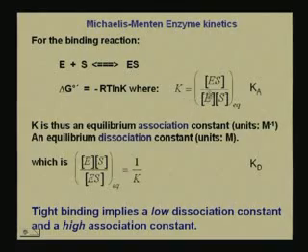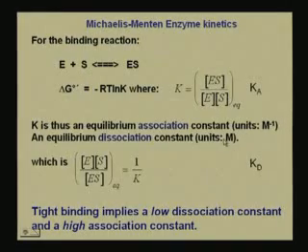Since this is an equilibrium, I can also relate this to the rate constants. So what will my K be? It will be K1 divided by K minus 1, right? So you recognize that we have a thermodynamic concept to this as well as a kinetic concept to it. We have an association constant, and the reverse of this is going to be a dissociation constant, and the units will change accordingly.